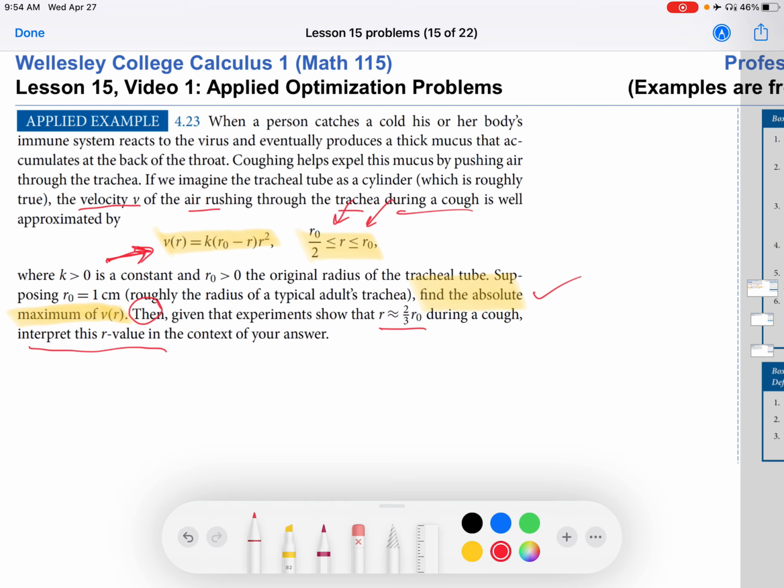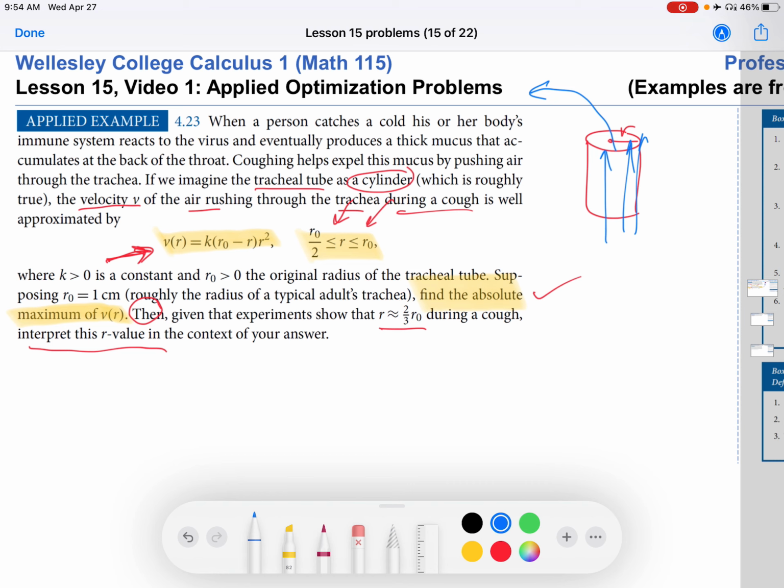So we're modeling the tracheal tube here as a cylinder. So we got this little cylinder. We imagine that your throat is a cylinder. Clearly it's not, but it's a mathematical model. And then the radius of your trachea is R. And then we have, when you're coughing, some air that's being expelled, right, going out this way to expel whatever is in your lungs or whatever might be trapped in your trachea.